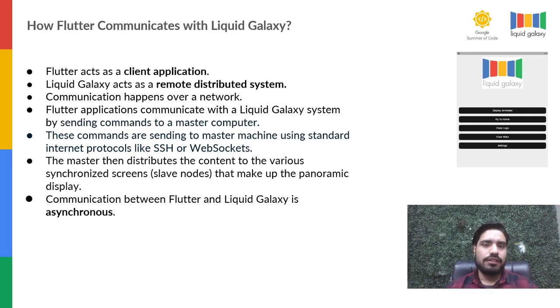But in asynchronous communication, it also executes commands on Liquid Galaxy, but in this type of communication the program does not have to wait for the entire communication to be executed properly.